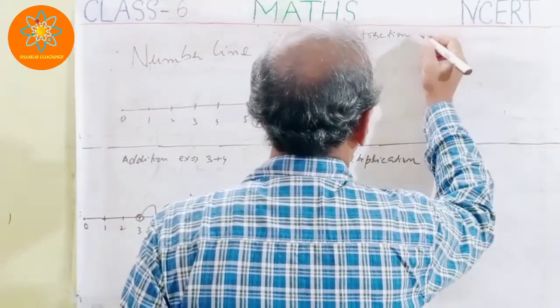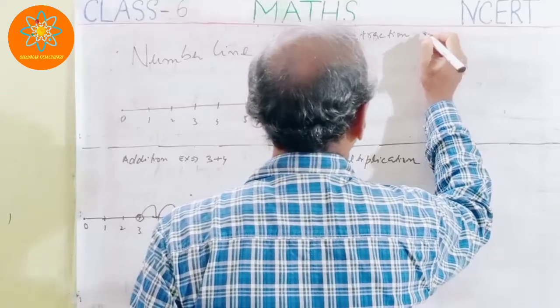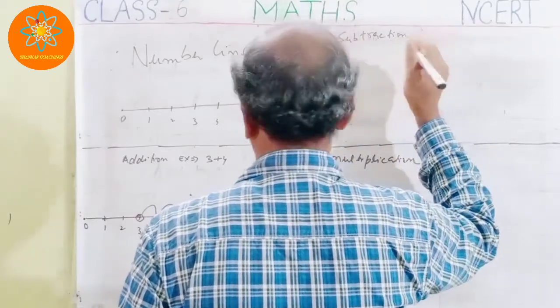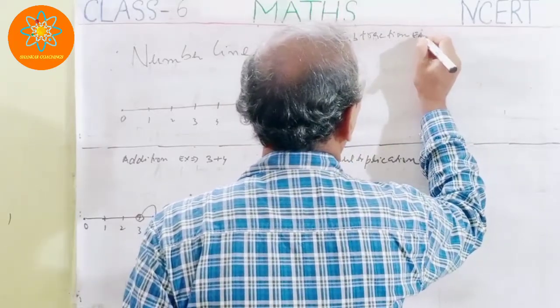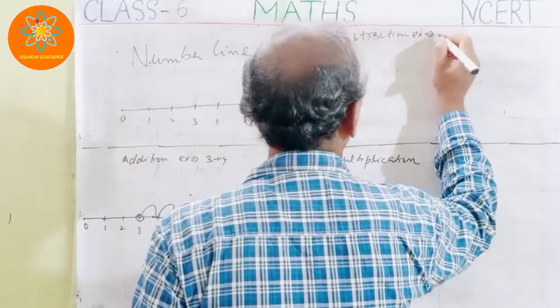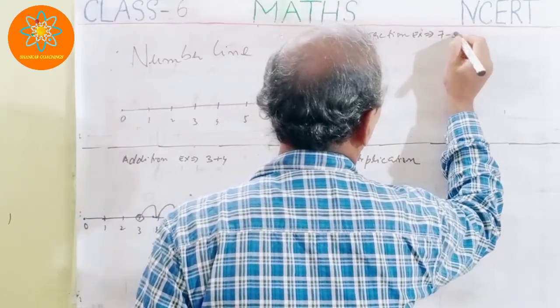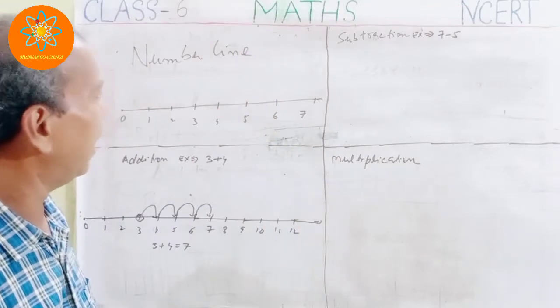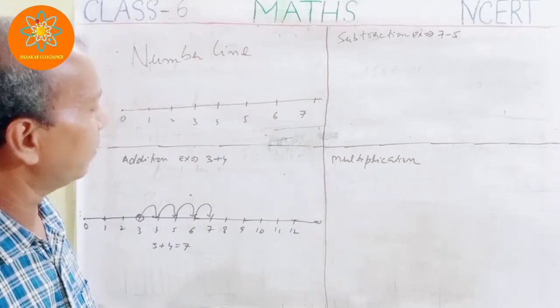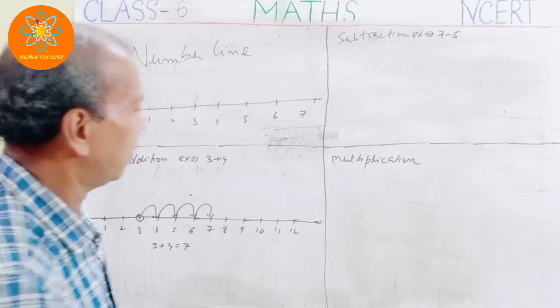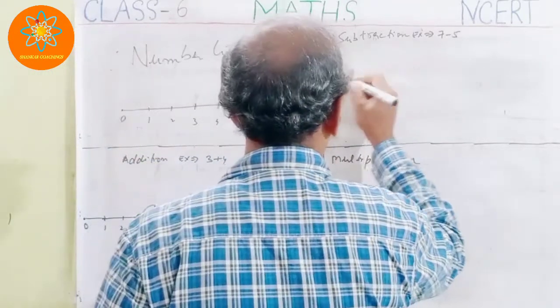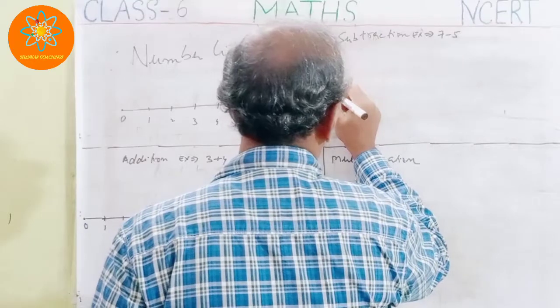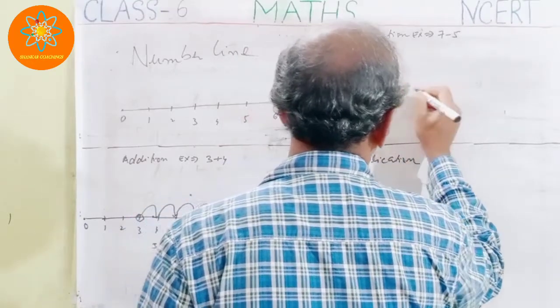Now come to the subtraction part. Let's suppose I want to find the subtraction of 7 minus 5 with the help of the number line. So how do I find it? First of all, I will draw the number line.